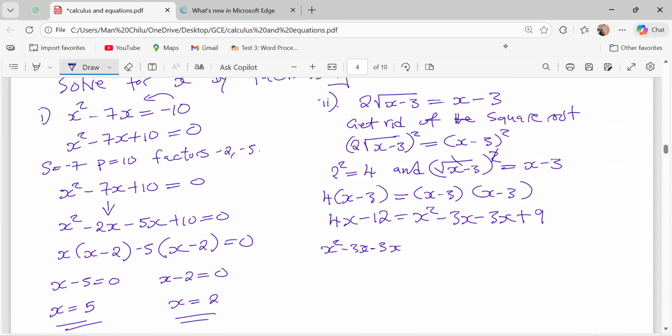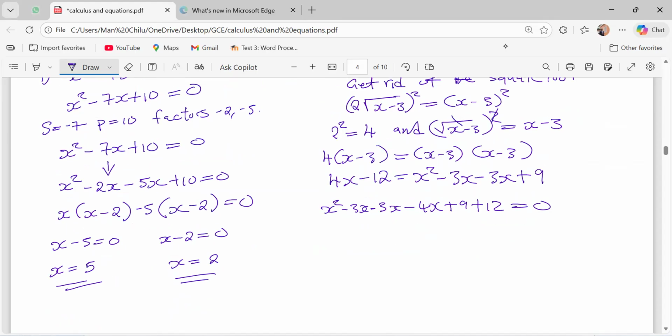And also the 4x goes to the other side, becomes negative, plus 9 plus 12 equal to 0. So we are going to have x squared minus 3x minus 3x minus 4x. If we say negative 3 minus 3, we get negative 6. Negative 6 minus 4, that's negative 10. So that's negative 10x. 9 plus 12, we are going to get 21, which is equal to 0.